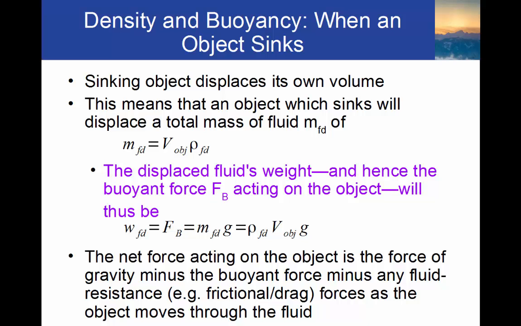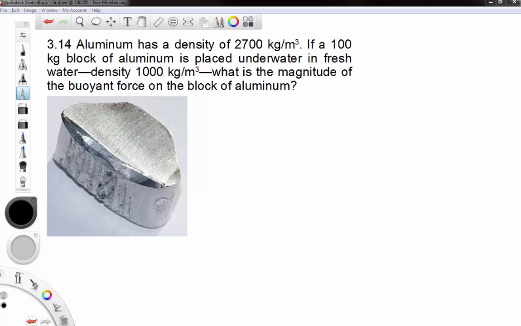And so the object is going to start basically sinking. So what we can do is figure out, given the data we've been given, how much weight of fluid is this block of aluminum displacing, and is that weight enough to balance the aluminum so that it does not sink?